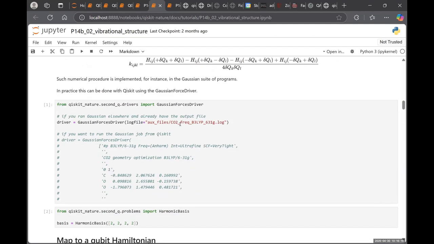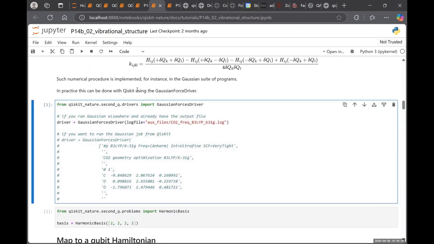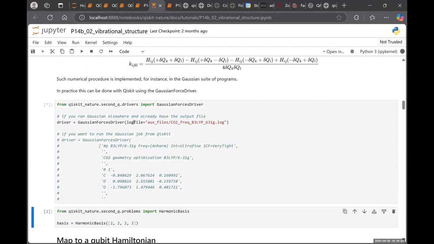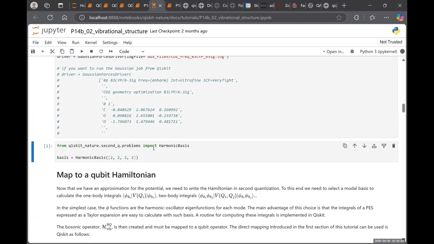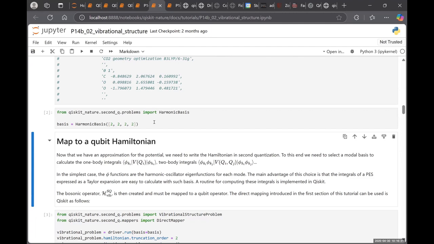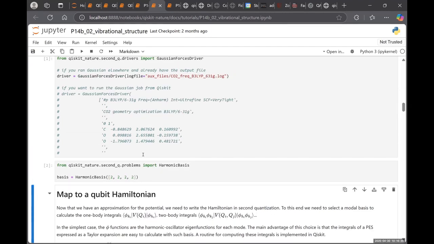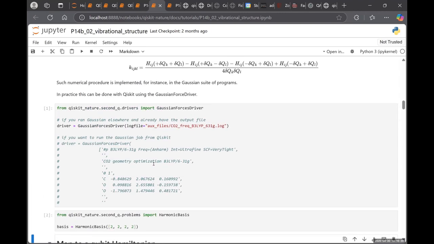And so I guess you would have drivers, just using the Gaussian force driver. To import bases for vibration, it's probably easier to use these harmonic bases. For the detail, I don't know exactly.